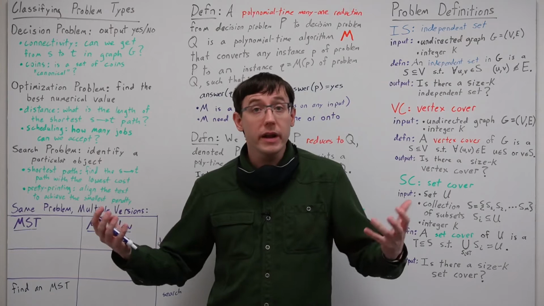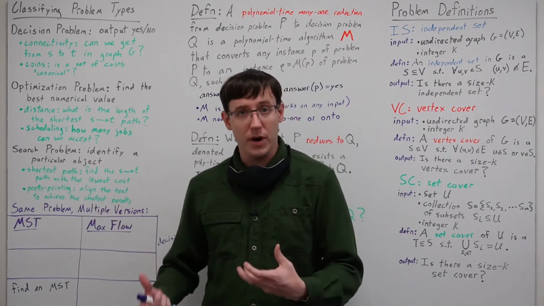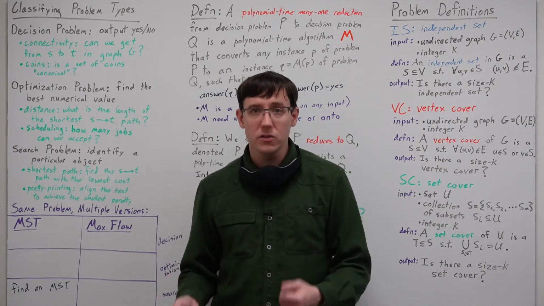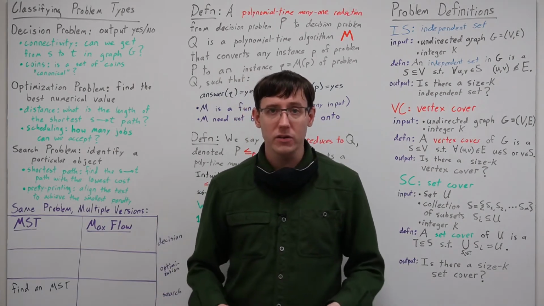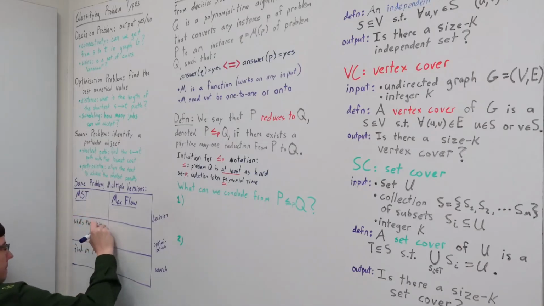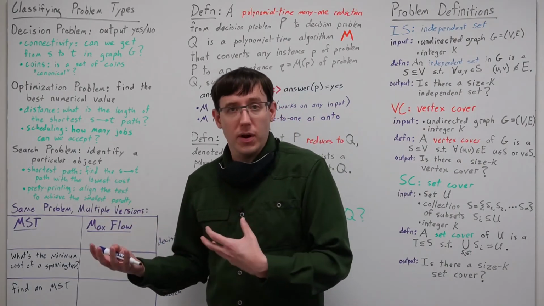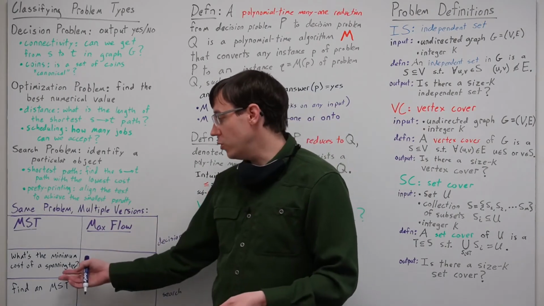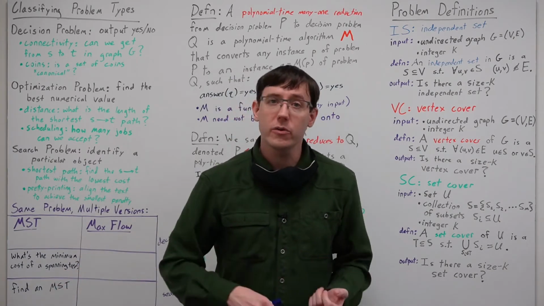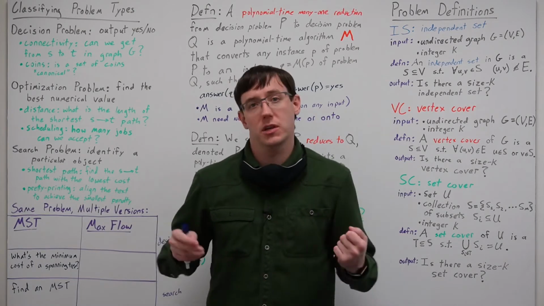But because we are trying to minimize weight, there is a very natural optimization problem formulation here, which is to ask, what is the smallest possible weight of any spanning tree? And the natural decision problem corresponding to this optimization is to ask whether there is a spanning tree with cost below some threshold.